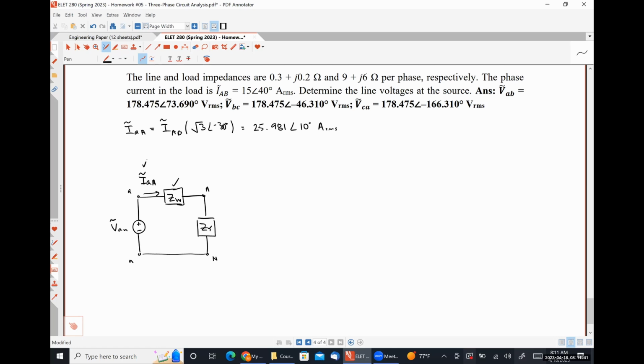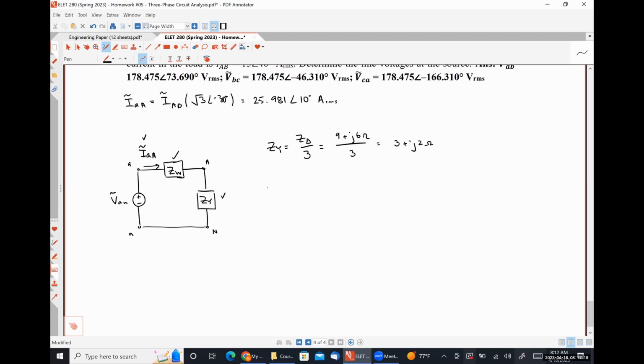Yes, sir. Absolutely. What is ZY? Exactly right. ZY is Z delta over 3. So that's going to look like 9 plus J6 ohms divided by 3, which is 3 plus J2 ohms. So we now know this quantity.